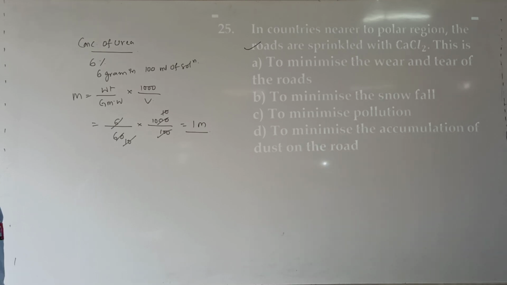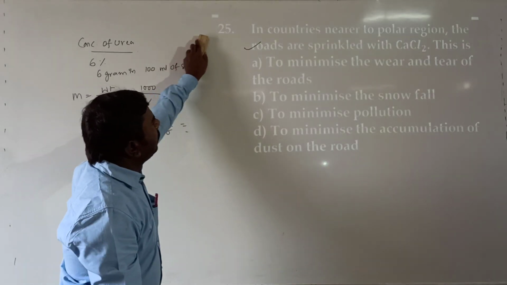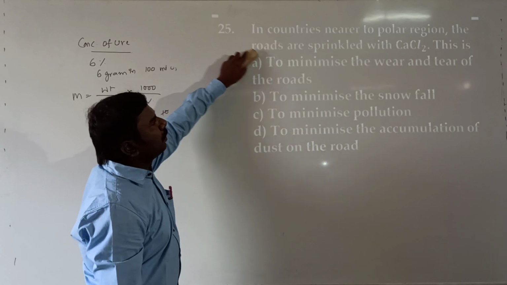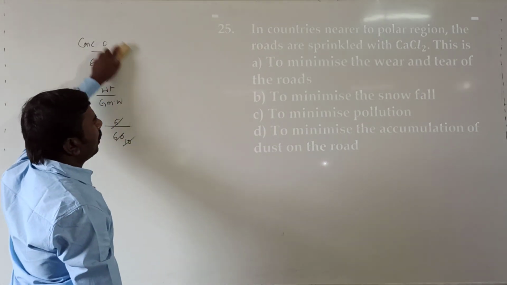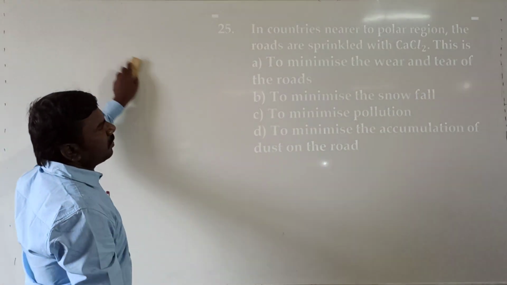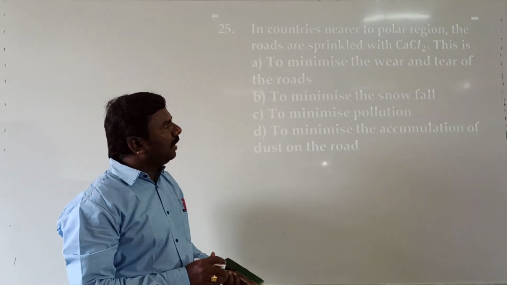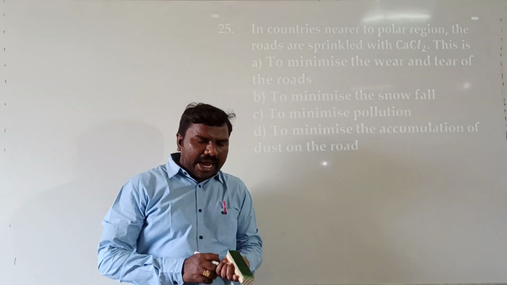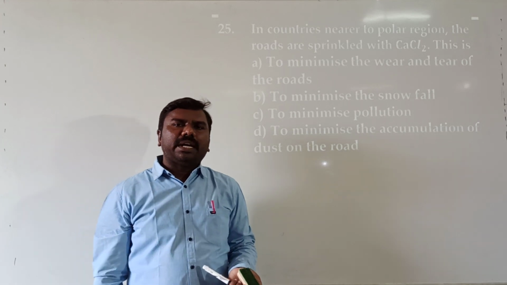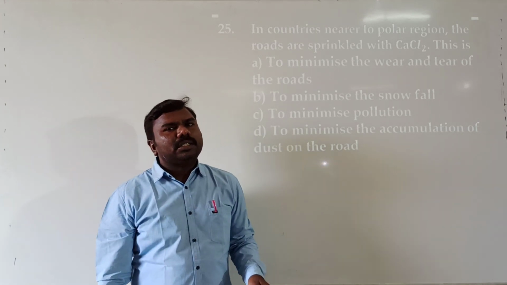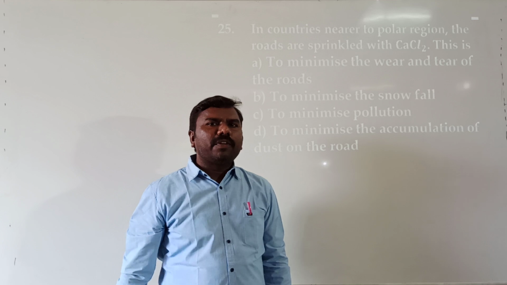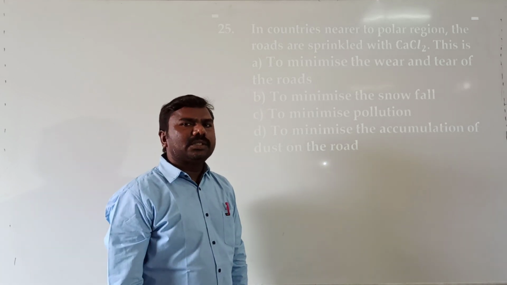Next. In countries nearer to the polar region, the roads are sprinkled with CaCl2. This is because anhydrous CaCl2 acts to decrease the freezing point of a solution.